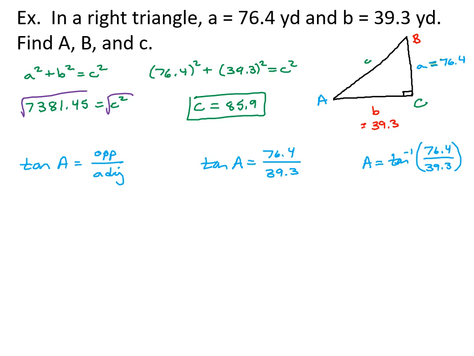So I have 76.4 divided by 39.3. Close that parenthesis off. Hit enter. And I will get that angle A is 62.8 if you go off the one decimal place.